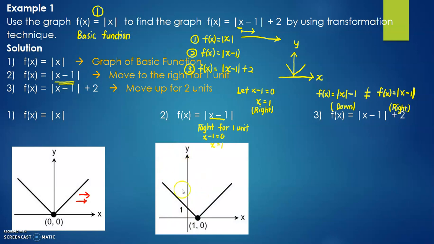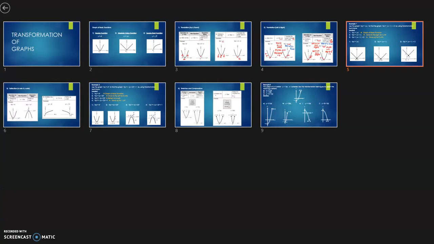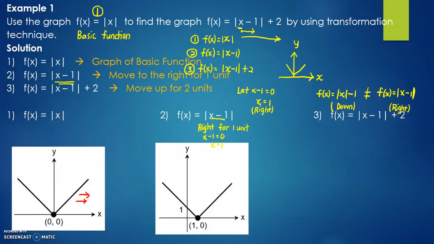So this will be the graph. From the origin, since it moves to the right, before this is 0, now moving right by 1 unit, it will become (1, 0).